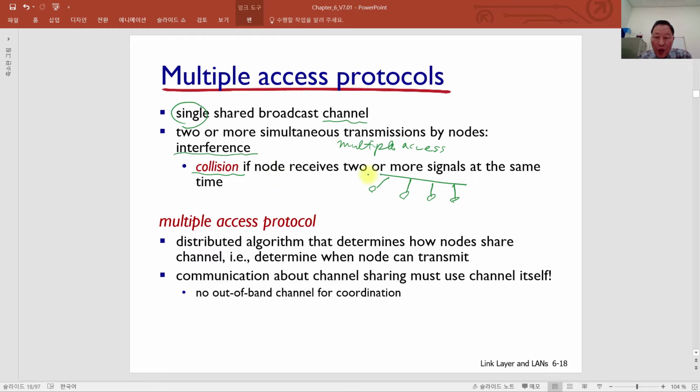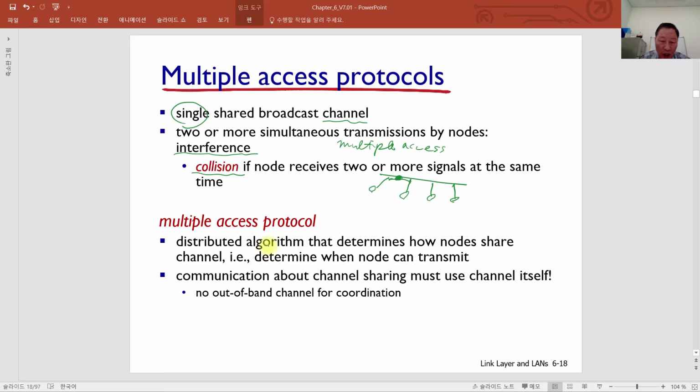If a node receives two or more signals at the same time, then those electrical signals will collide with each other. Then the transmitted datagram, transmitted frame, will be corrupted. Thus, we need a multiple access protocol to solve this problem.